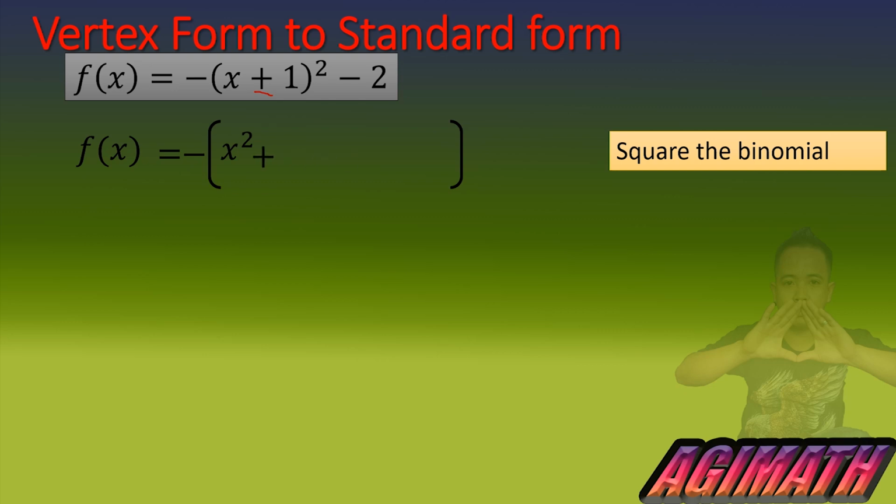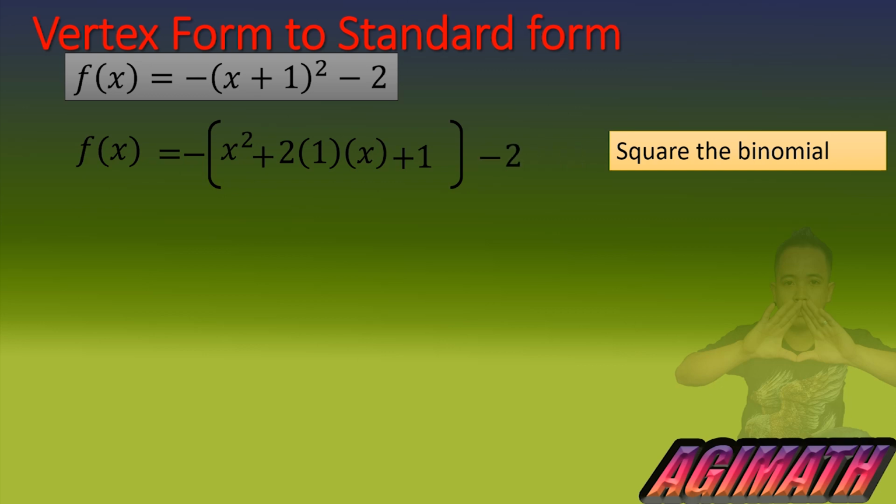Next, that is always times 2, times 1, times x. Multiply the two terms. And then square the last term, which is 1. And then do not forget the negative 2.